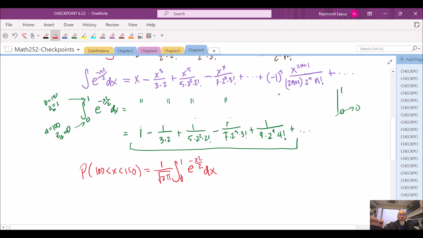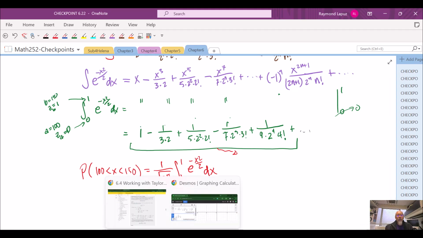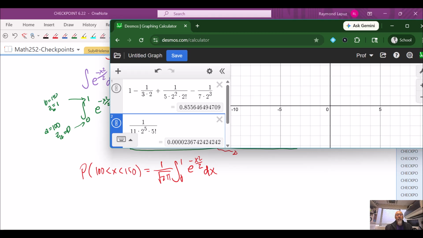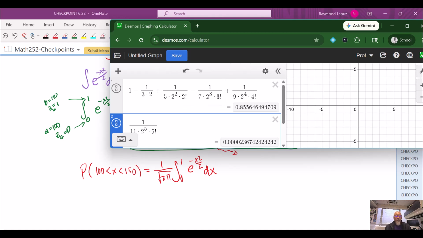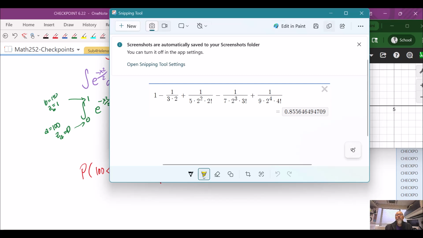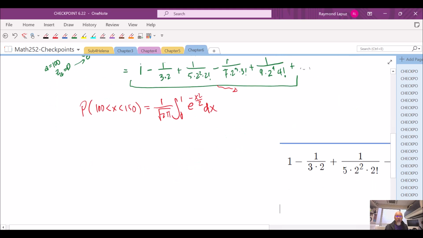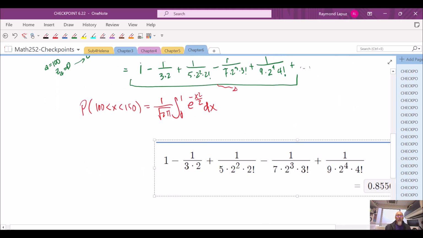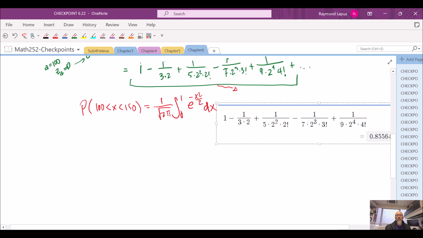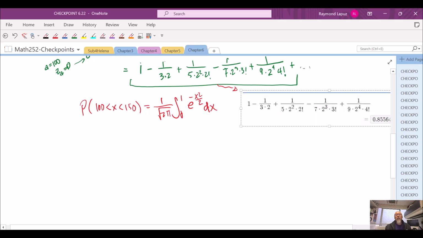So we take this value over here, which I looked up already and calculated, and all we have to do is multiply it by 1 over the square root of 2 pi. So let's do that real quick.